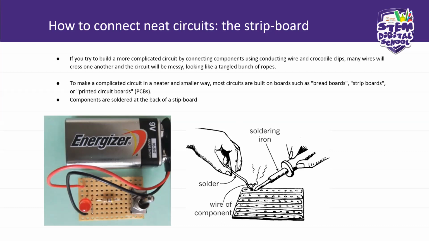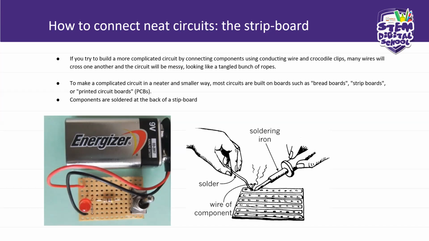Right. If you try to build more complicated circuits by connecting components using conducting wire or crocodile clips, many wires will cross one another and the circuit will become messy, looking like a tangled bunch of ropes. And when you hand that into your teacher to mark, you will lose marks for that. Right.